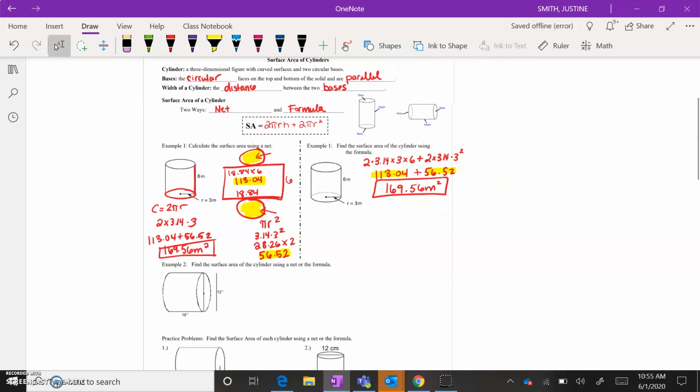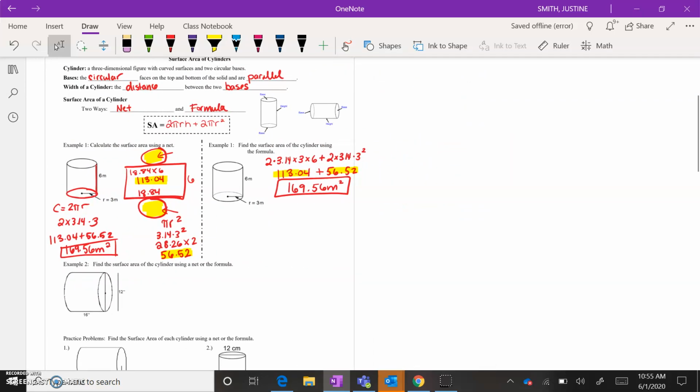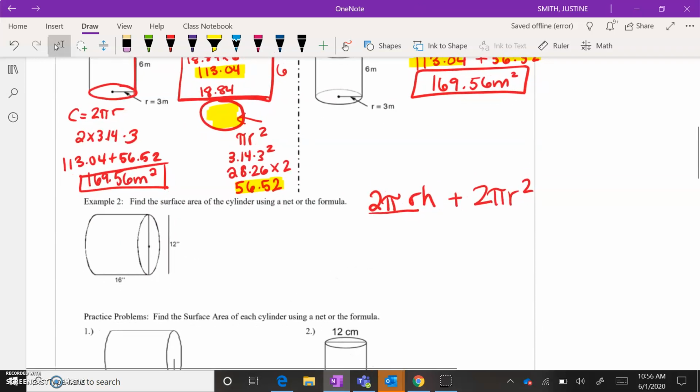So if we look at this first example here, it says use the net or the formula. We're going to use the formula. So 2 pi r times h. Again, if you're having trouble remembering the formula, 2 pi r is the circumference times the height plus the area of a circle, and then you're doubling it since there are two circular bases.